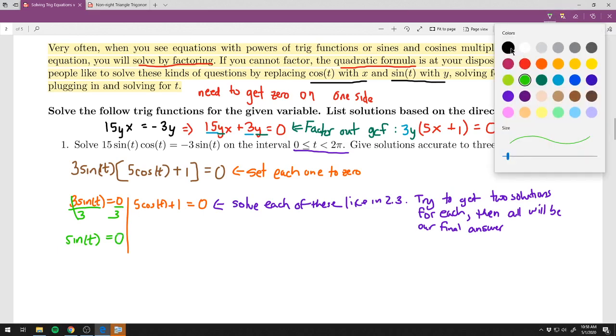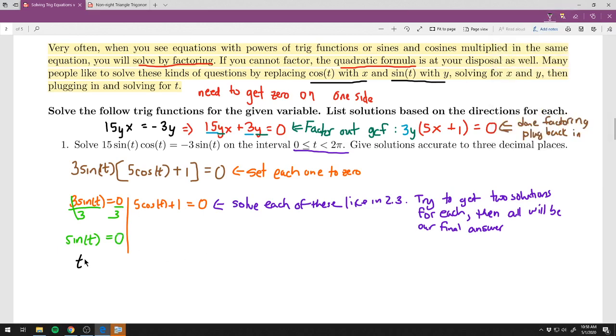And now the angles that make sine equals 0 are 0 and pi. The angle 2 pi also makes sine equals 0, sine of 2 pi equals 0, but we don't include 2 pi in our answer because it's not a part of what we want.